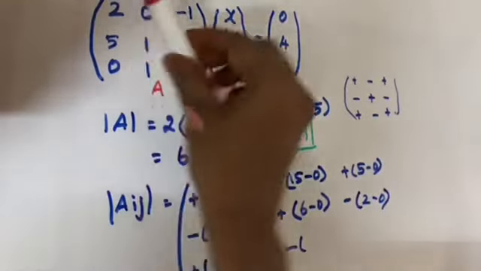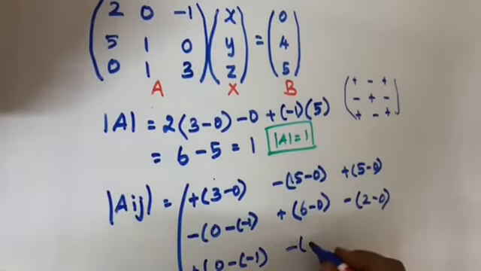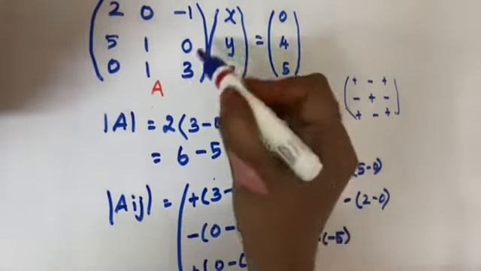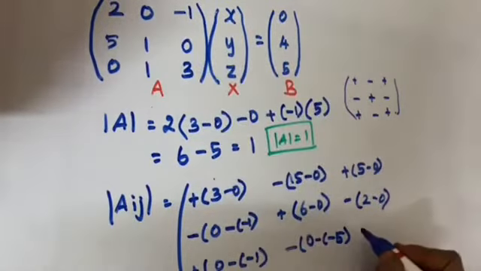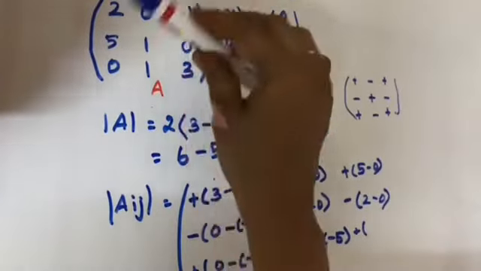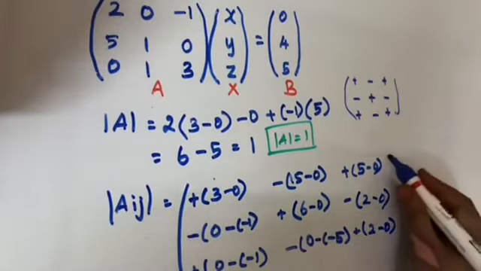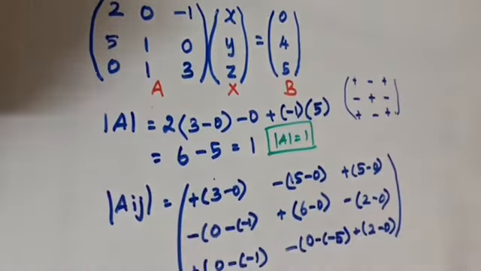So leave this column and this row. It is 0 minus 5. Minus of minus 5. Similarly, for this term, it is positive. So leave this row and this column, 2 minus 0. Okay, this is Aij, the cofactor matrix.